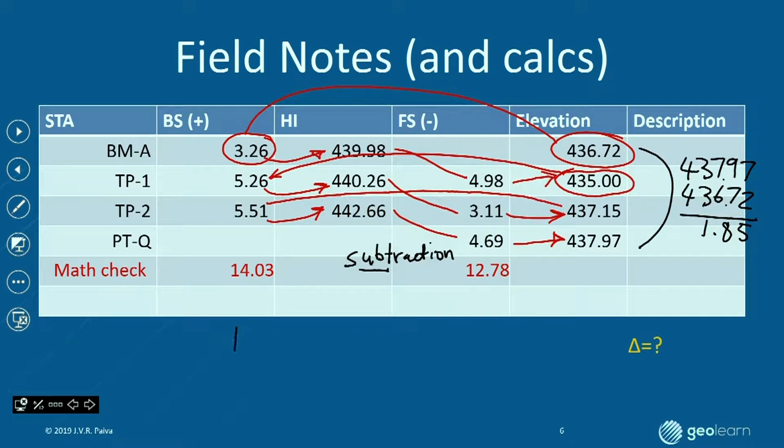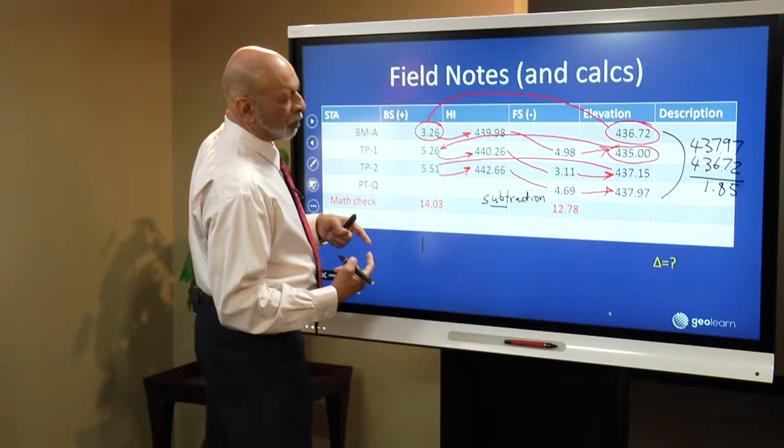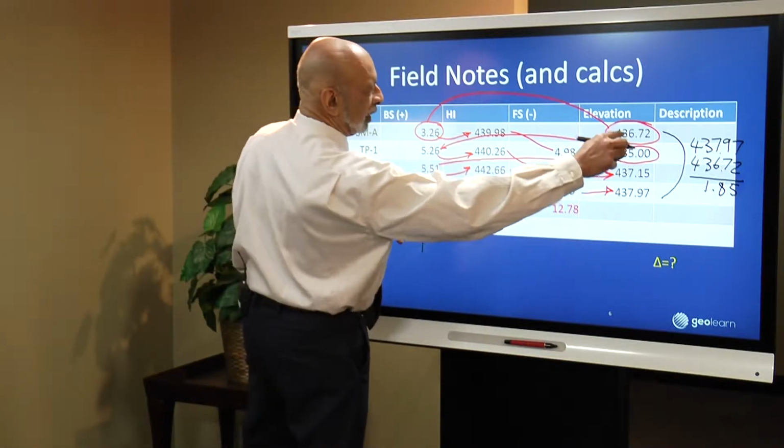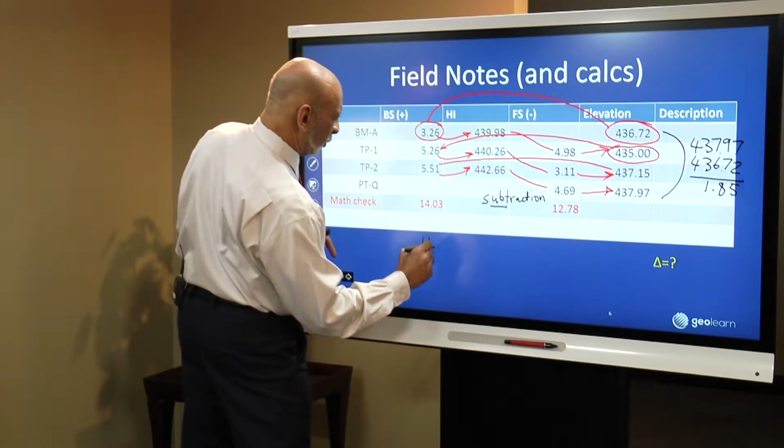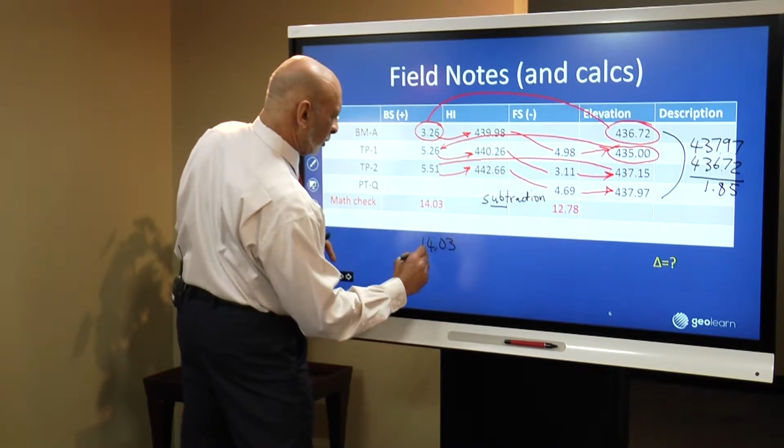Except because it's easier to subtract, I hope you can see that we have increased in elevation. But here I'm going to take the larger number, 14.03, subtract the 12.78.